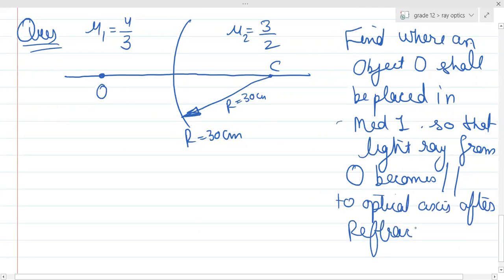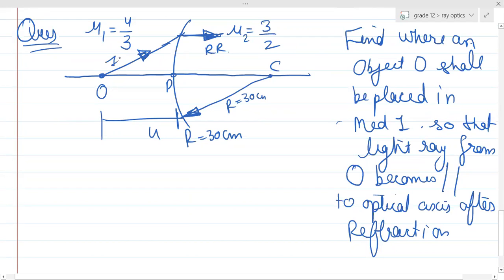So basically, what do you want, guys? You want the value of u for which the refracted rays will become parallel to the optical axis. Is this clear? Try to analyze the data and try to give me the solution.